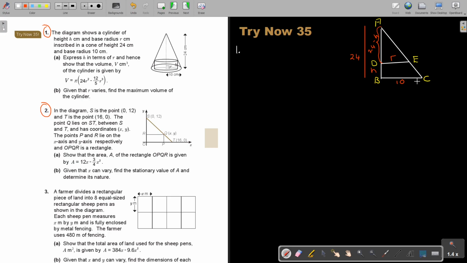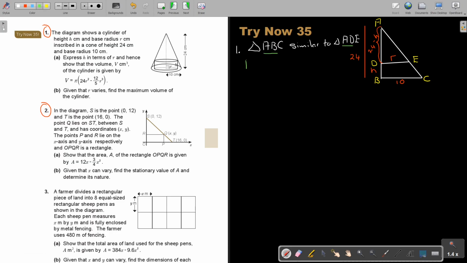Now I can say, I'm going to make use of similar triangles. So triangle ABC, the big one, is similar to triangle ADE. Now I'm going to work with the sides. Remember, it's always very easy. It's the first two over the first two.